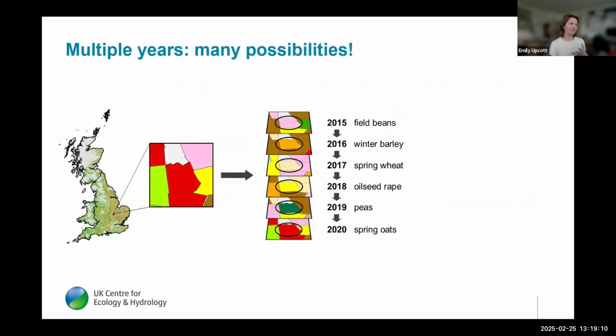As I was saying, we've got multiple years of these data sets, which means we can use it in various ways now. I largely use it by collating the different years together, and you can look at, for each field parcel, what the different crop type has been in the different years, so you get a crop sequence. And then from that, you can look at the different patterns in space and in time at a range of different scales in both of those dimensions.